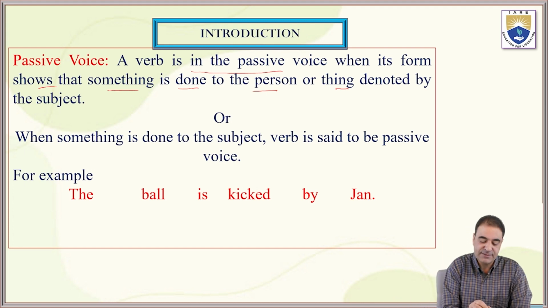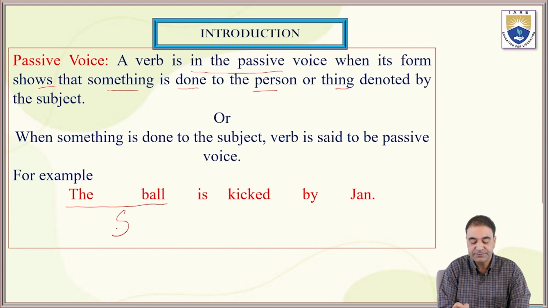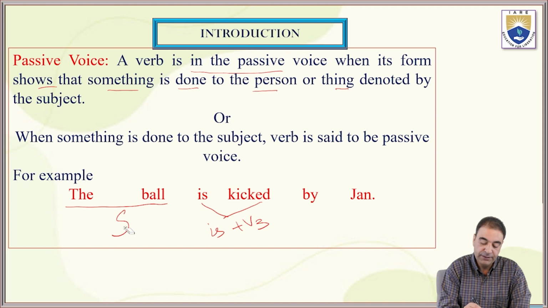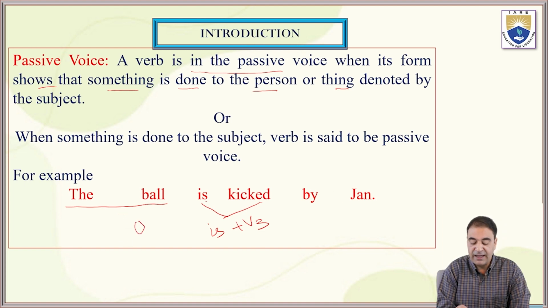Like in this sentence, we have the ball. This is the subject. Then we have the verb is kicked. Is kicked, it is 'is' plus verb in third form. Here the ball is the object of the first sentence. And then we have is kicked, 'is' plus verb in third form.